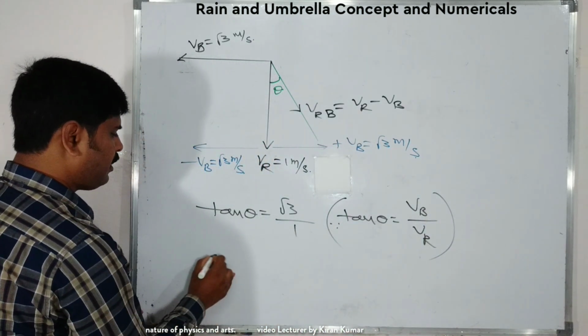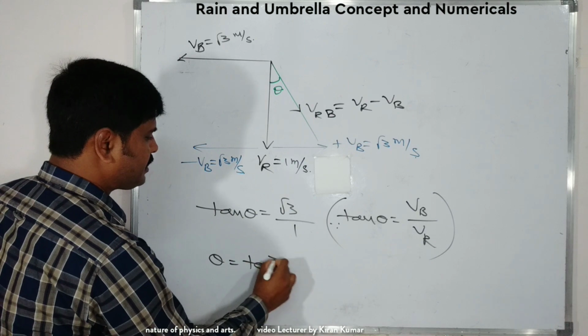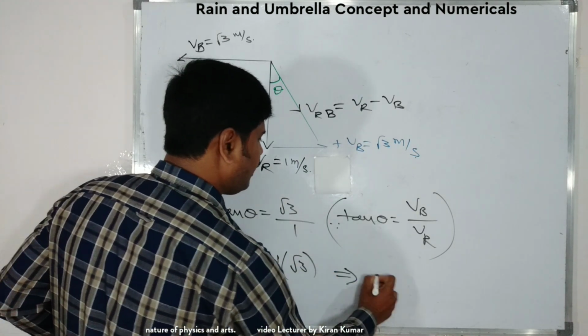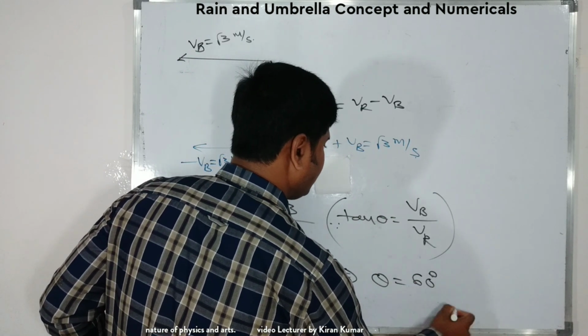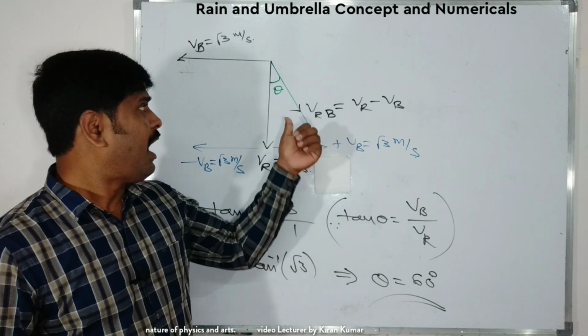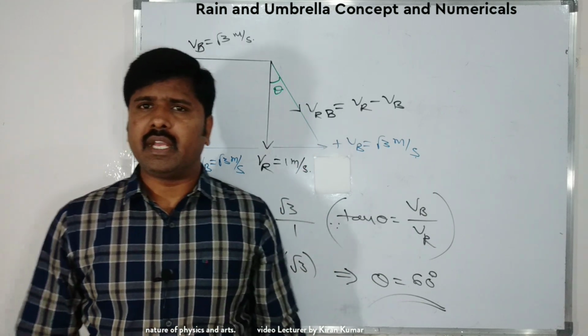So theta equals tan inverse of root 3, which is 60 degrees. 60 degrees is the angle of the umbrella with the vertical.